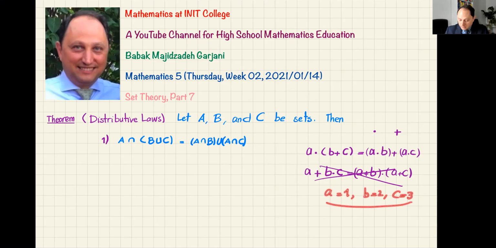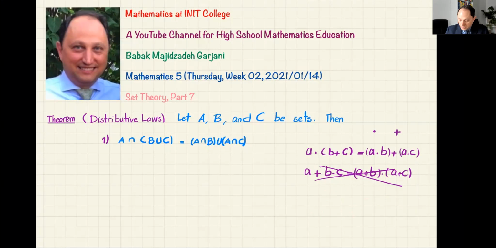When you calculate the left-hand side, it becomes 7. But when you calculate the right-hand side, it becomes 12. So they are not equal. This one single example shows that this formula in general is not correct, but we know that this formula is correct. So we say that multiplication is distributive over addition, but not the other way around.